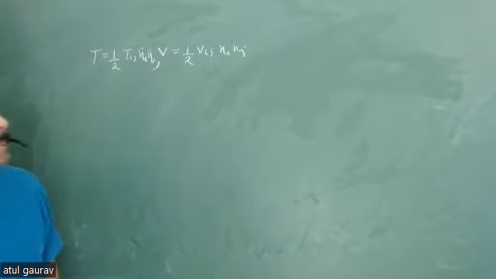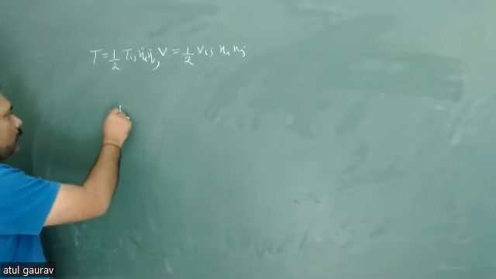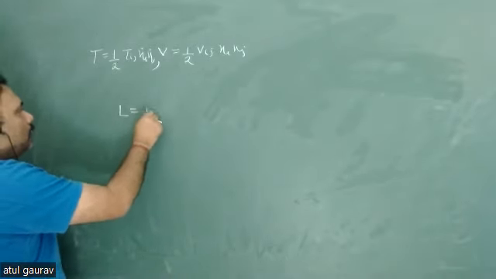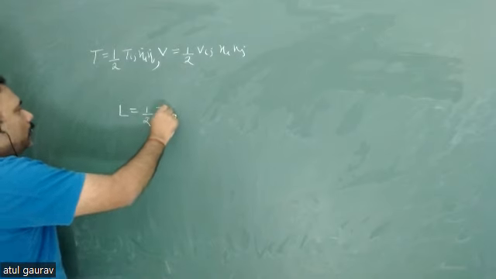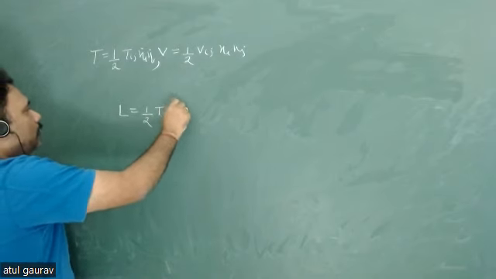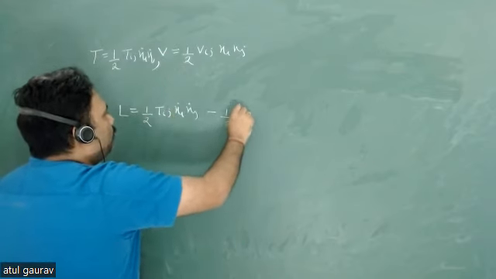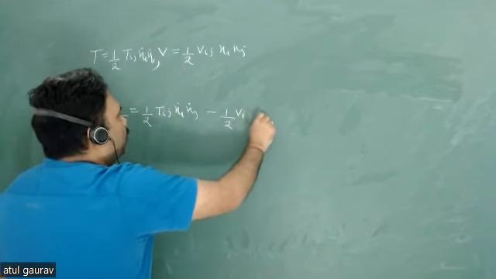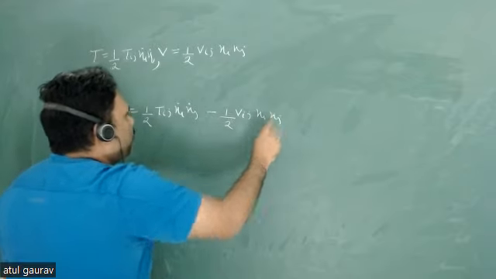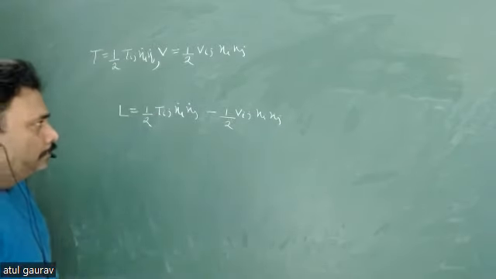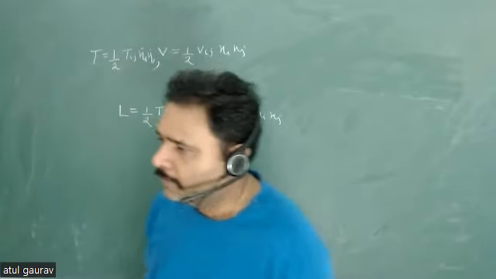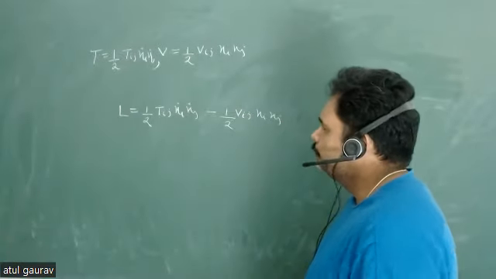Can we write it? So we are just writing the Lagrangian of a system, and that value is half Tij eta I dot eta j dot minus half Vij eta I eta j. Can I write something like this?